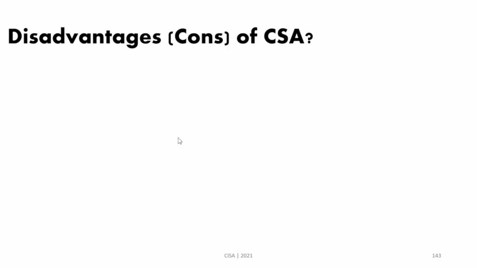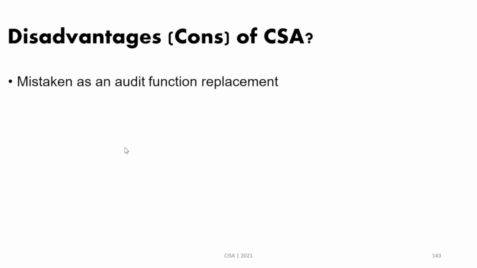On the other hand, the CSA may have some disadvantages, and one of these is that the auditee may mistake the CSA as a replacement for the audit function. In reality, CSA does not replace the regular audit because, as you can remember, regular audit is independent, and independent audit provides more assurance and more trust.